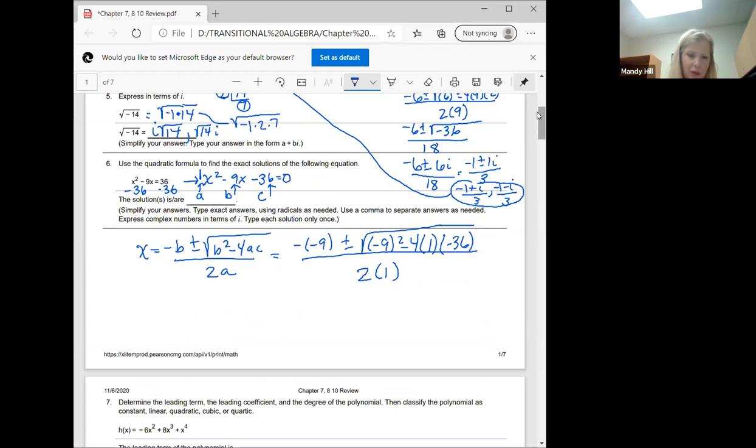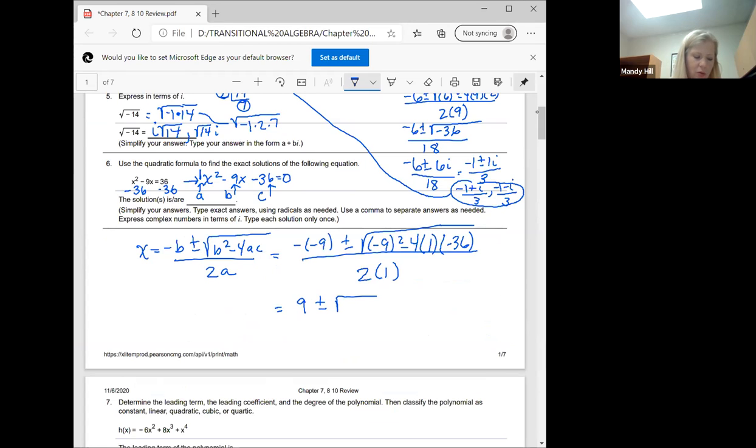Okay, sorry about that. So we would have positive 9, and then I would probably try to type this in my calculator instead of trying to accomplish all of that in one calculation. So we would have negative 9.